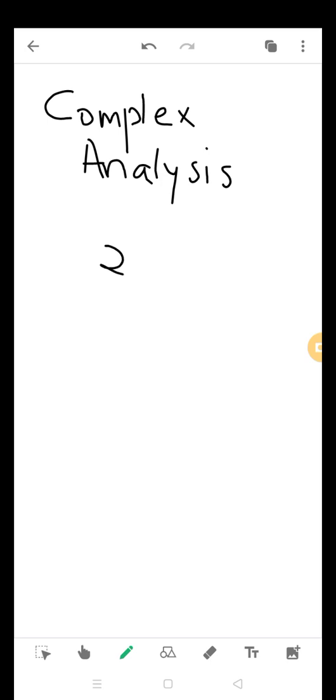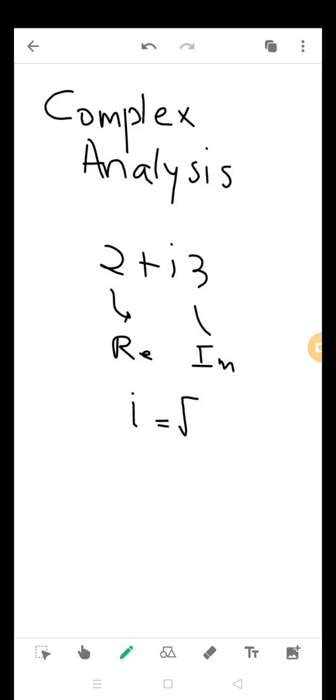Now you all must know that if you write a number, say 2 plus 3i, this is a complex number where this is the real part and this is the imaginary part, and i means root over minus 1.